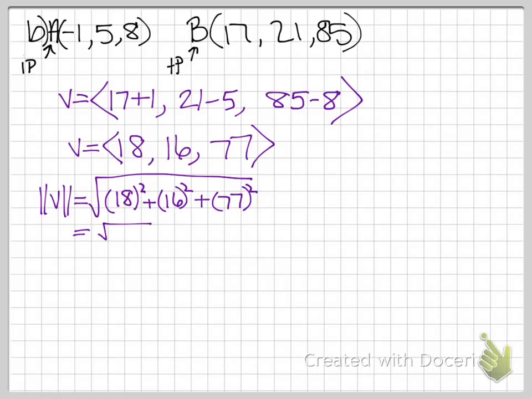And then when we take whatever 18 squared plus 16 squared plus 77 squared is, we get 509. All right, beautiful.